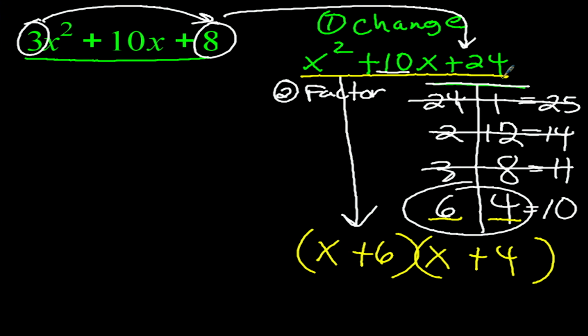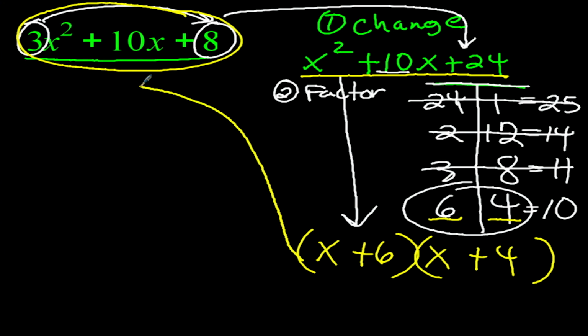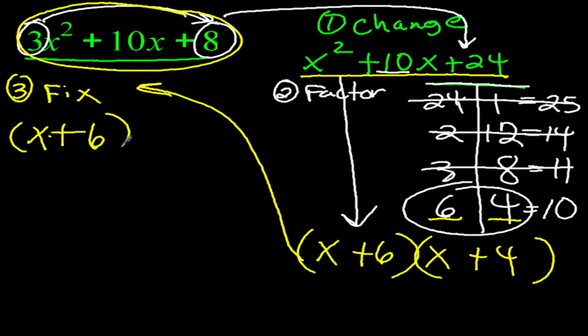We want the factors of our original equation. So our next step is we have to bring this back. So step 3, we have to fix it. We have to fix the factors of our second equation. So we bring them back over and we write them as x plus 6 and x plus 4.